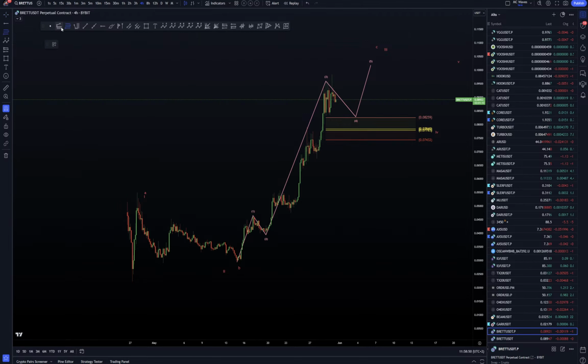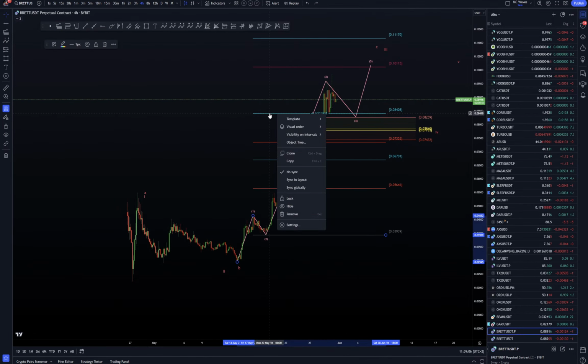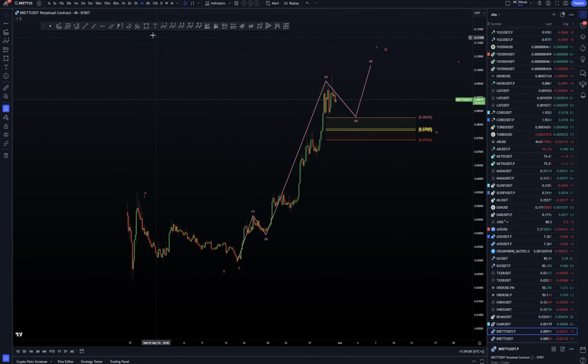Let me see. Because if more of the targets are not following, I'm just not going to trade this. 1618. Oh no, okay, it's fine. Well, this is really weird for the wave 3. Now the wave 4 will be this.